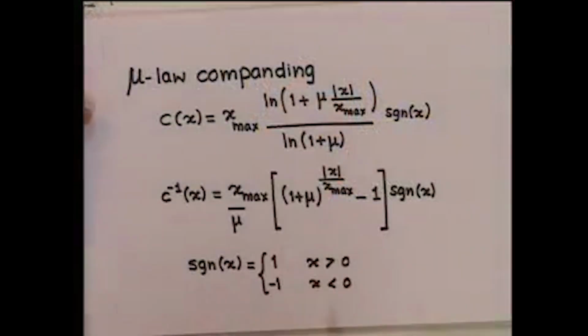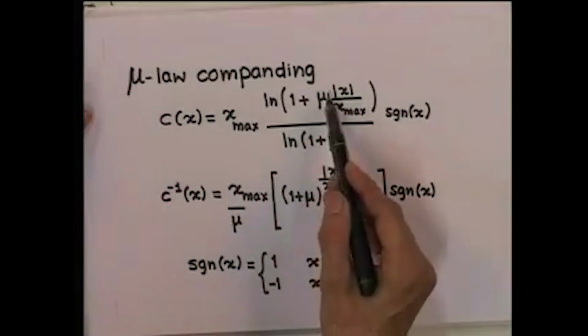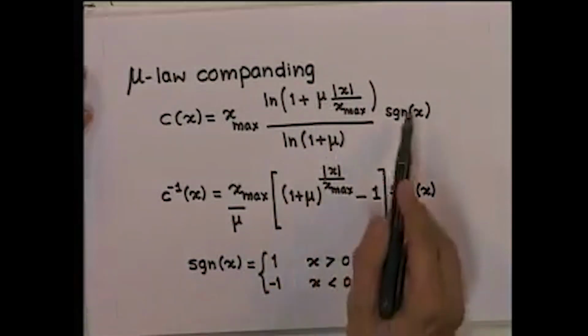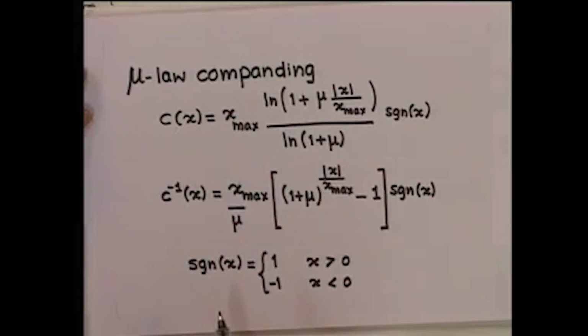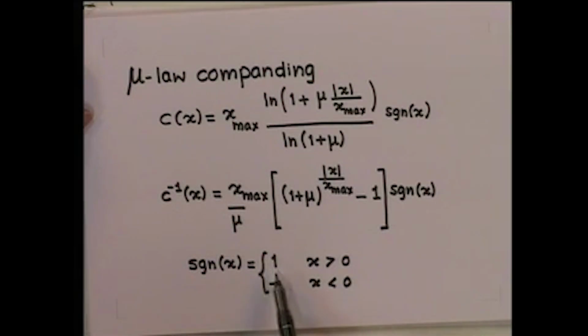One is known as mu law companding, because the characteristic is a function of a parameter mu and it is given here, and this is the inverse characteristic, that is the expander characteristic, where signum x is equal to 1 for x greater than 0 and minus 1 for x less than 0.